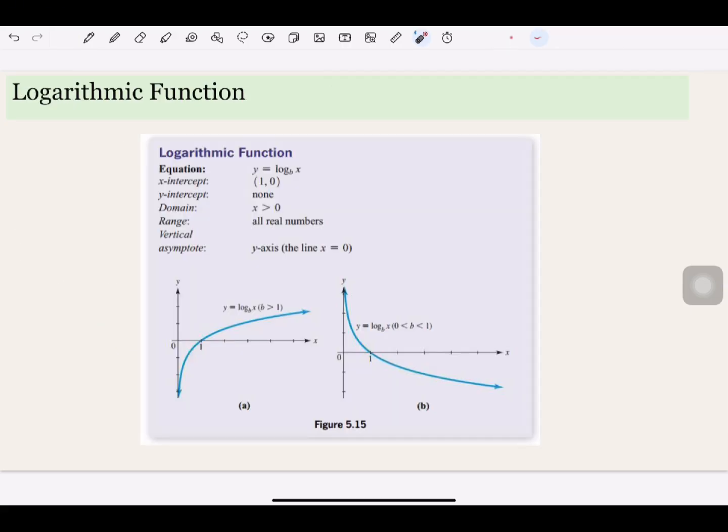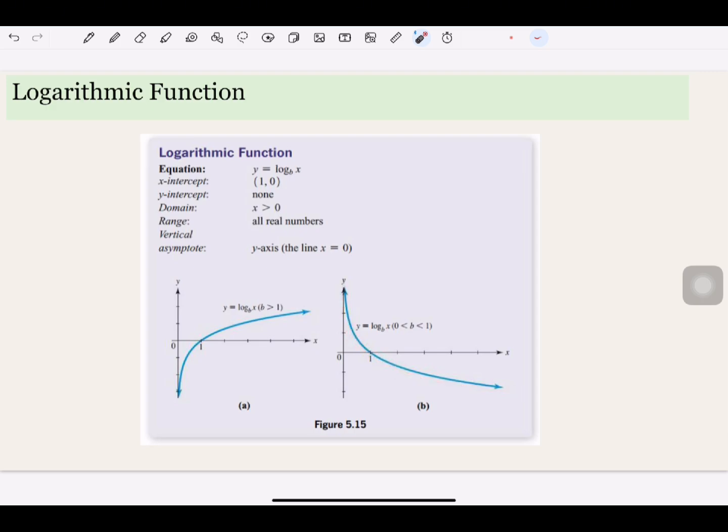So here I have logarithmic functions. When b is greater than 1, the logarithmic function will be of this shape, and you can try to explore this using your calculator. And if b is between 0 and 1, then your logarithmic function will be of this shape.